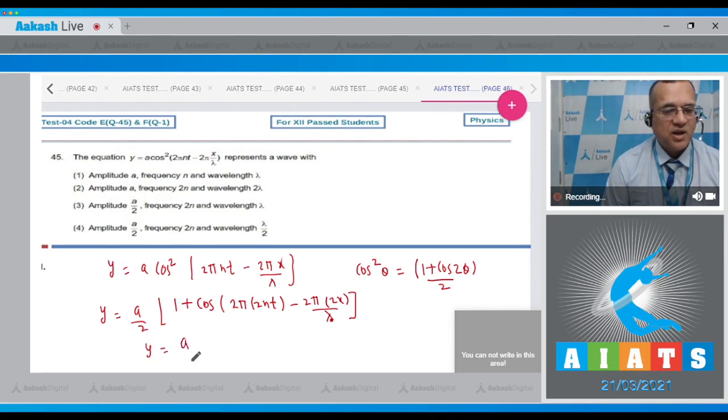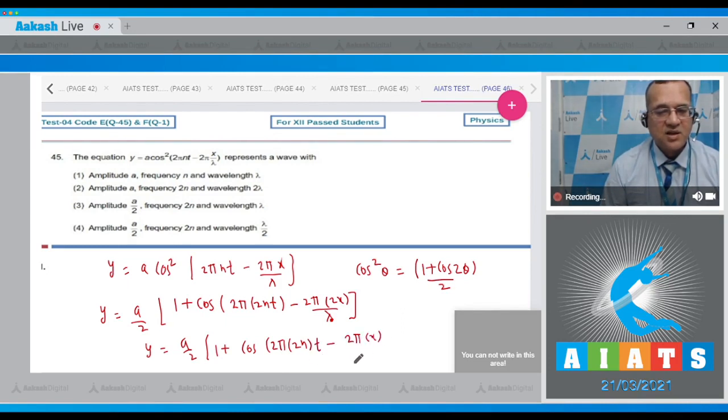So y is equal to a by 2 times 1 plus cos of 2 pi 2n into t minus 2 pi x, and take this in the denominator, lambda by 2.